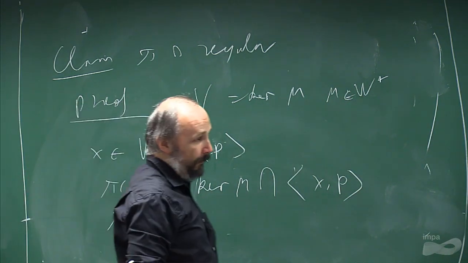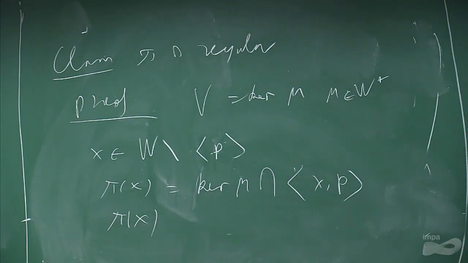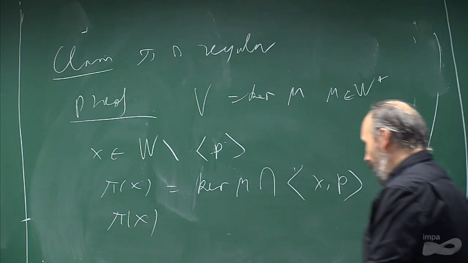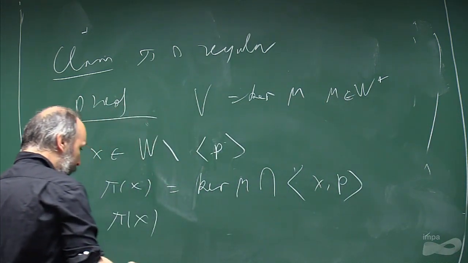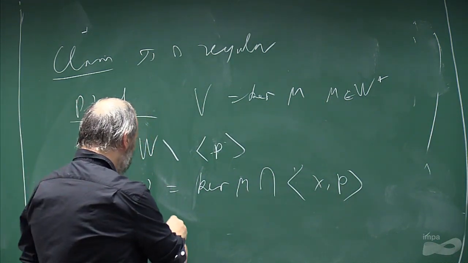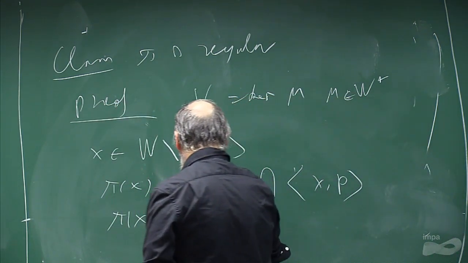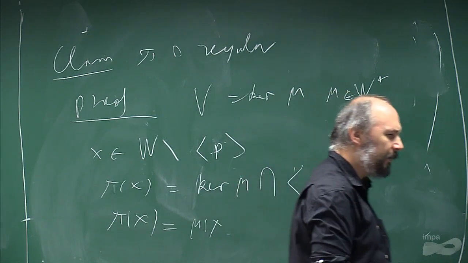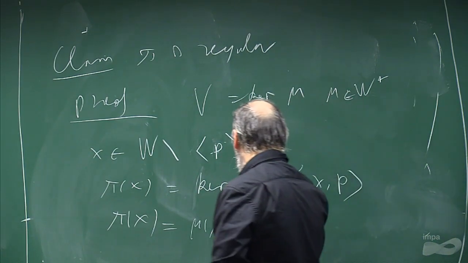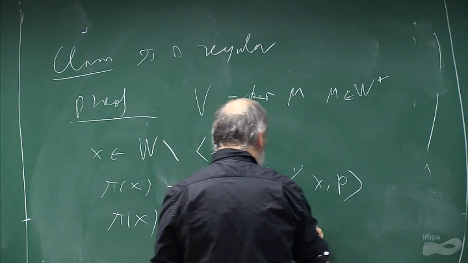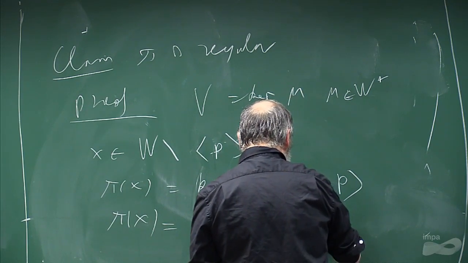I'm passing now to affine coordinates from projective. So it was no longer a line, but now a point on that line. If we pass to affine coordinates, this means that we replaced the line by a chosen point. And then it will give in these affine coordinates just mu of x times P minus mu of P times x.